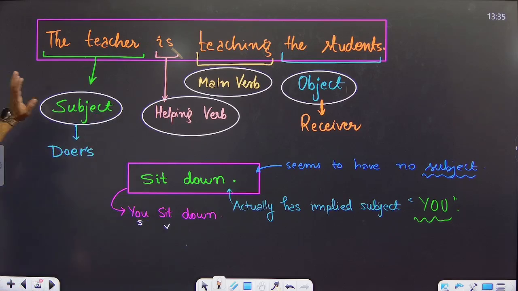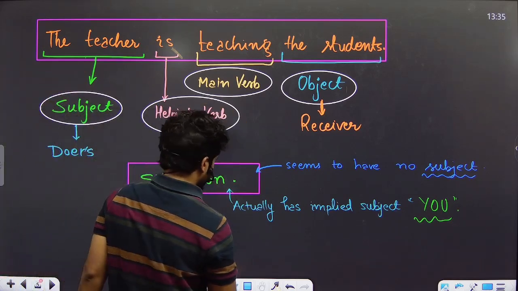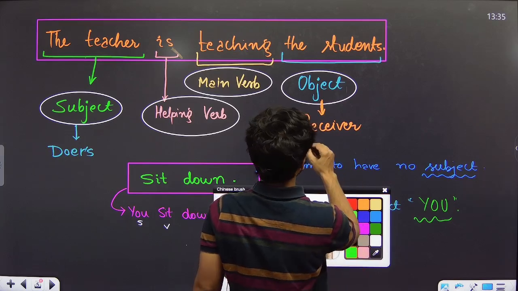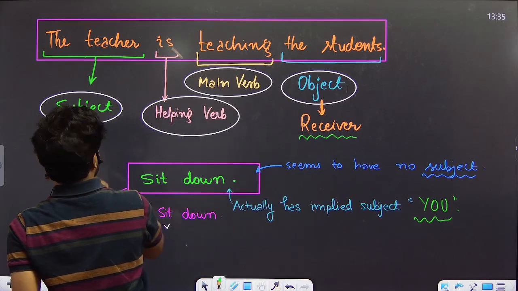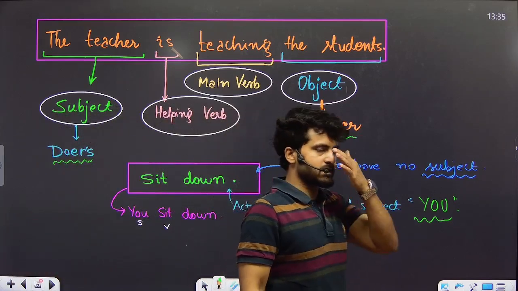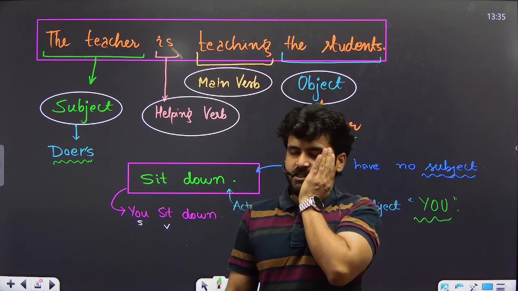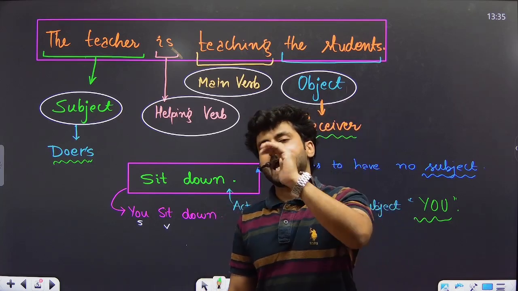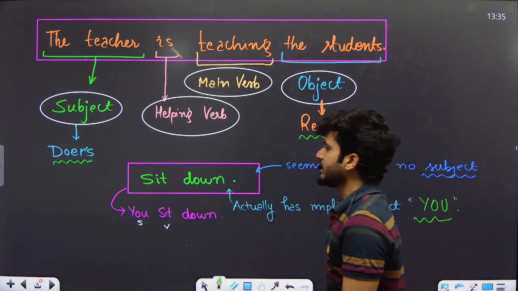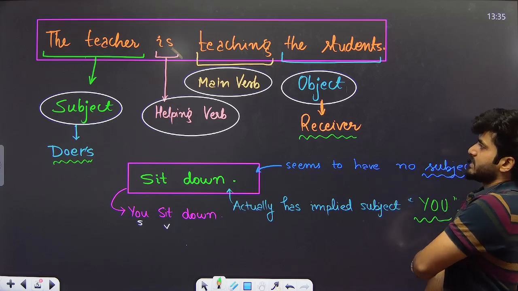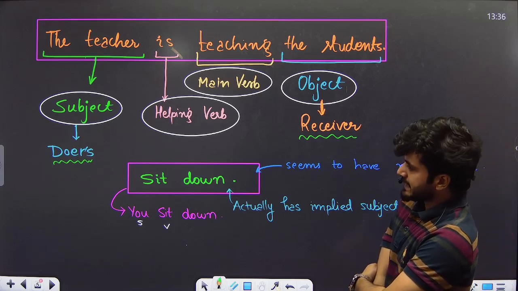So who are the subject, who are the receiver? I just now gave the idea for the same. The subjects are the action doer, and the receivers are the objects upon which the action is being performed. Got it? So this was the case of sentences and their parts.